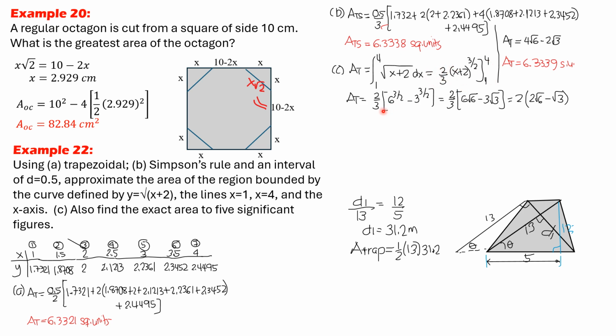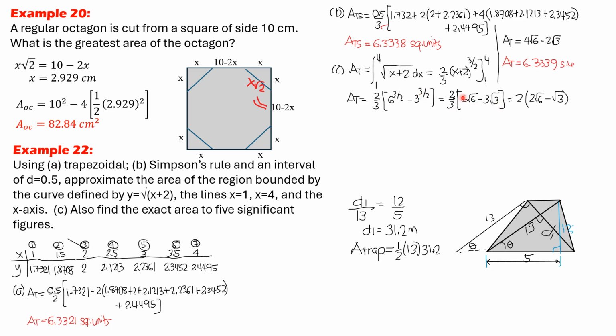So 2/3 of 4 plus 2, 6, to the 3/2, minus 1 plus 2, 3 to the 3/2. So 2/3 quantity 6 to the 3/2 is 6 square root of 6, while 3 to the 3/2 is 3 square root of 3.